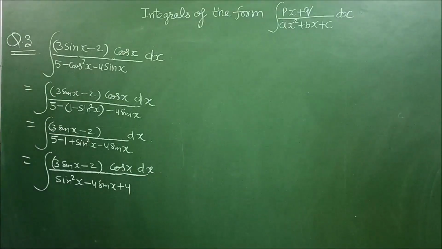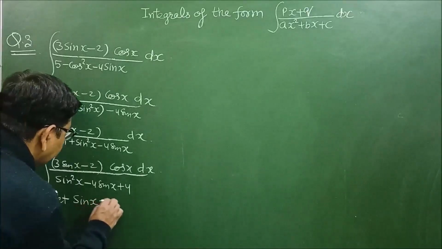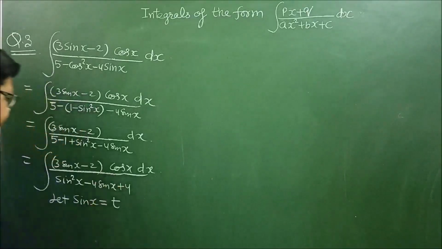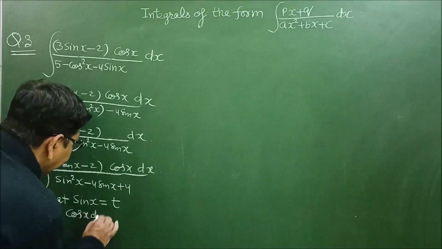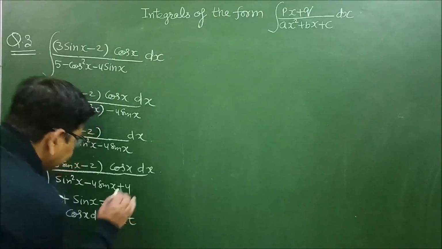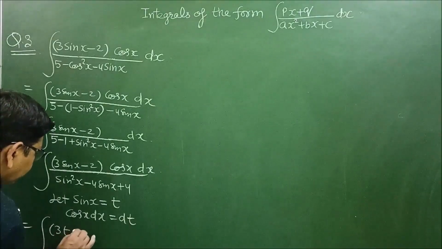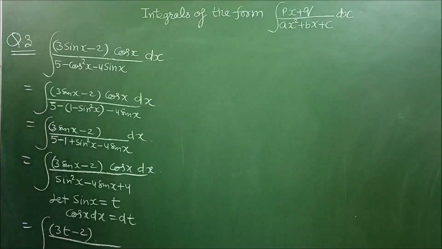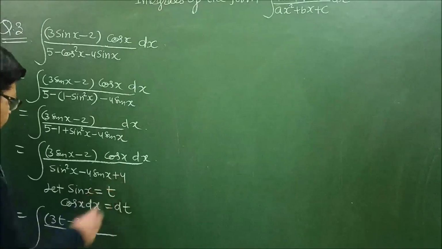Now let sin x be equal to t, then cos x dx is equal to dt, and this integral reduces to the form (3t − 2) upon (t² − 4t + 4).